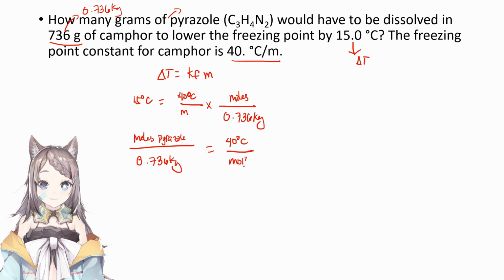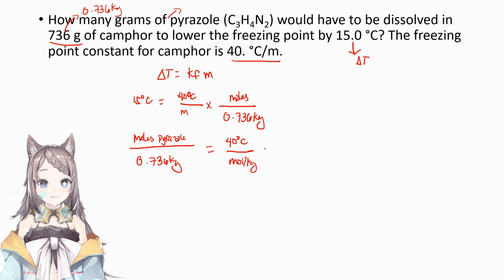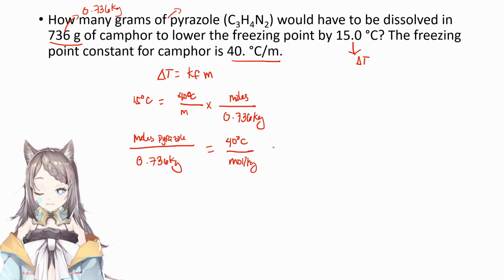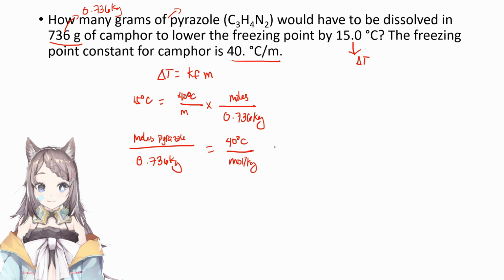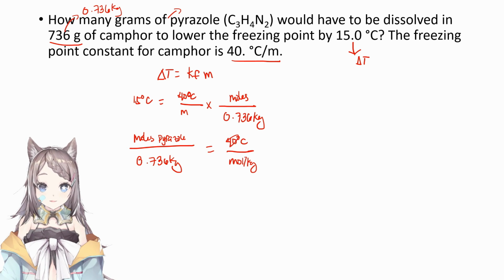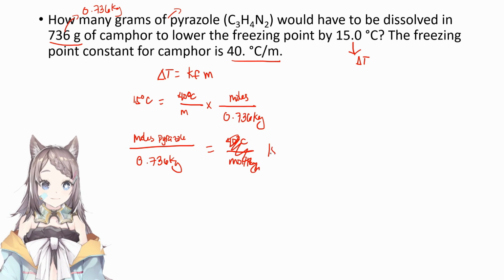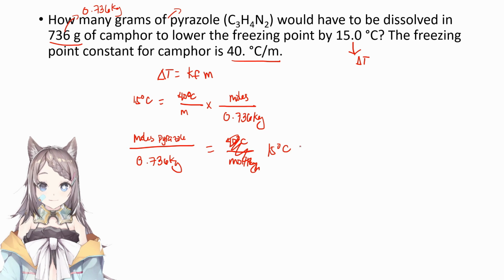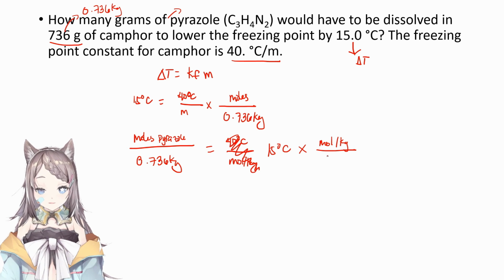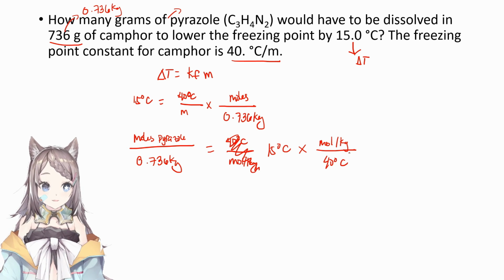Let's have mole per kg instead, para mas maliwanag. Times. No, sorry. It should have been 15 degrees Celsius first. Then we have mole per kg here on top over our 40 degrees Celsius.